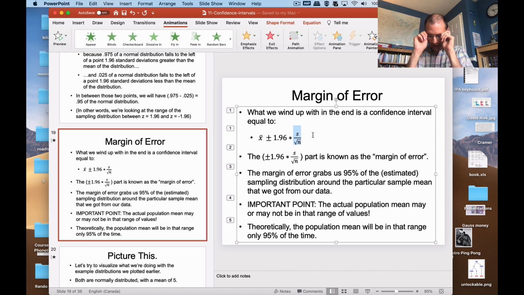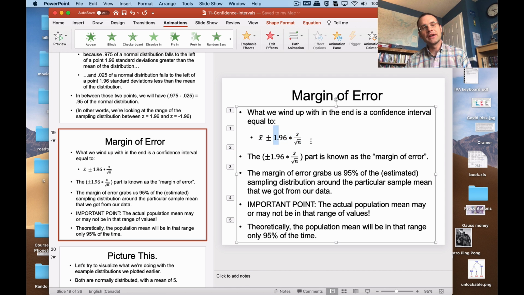So a lot of things are being conflated into one here, but hopefully this clarifies where some of this terminology comes from. I'll preface this again by saying I'm not actually a statistician. I don't know all the history of this, but this bit here is called the standard error, and this combination is called the margin of error.